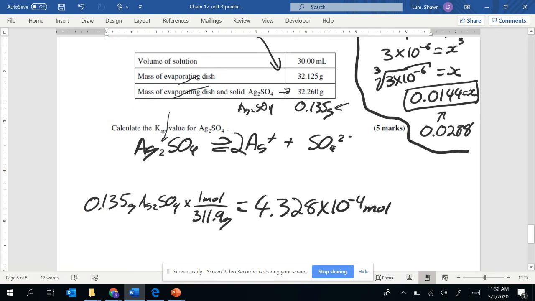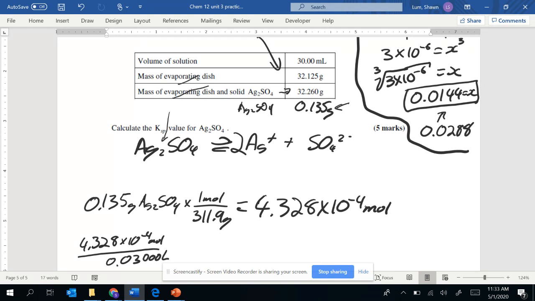Now to find my molarity, I'm going to take 4.328 times 10 to the negative 4 moles and divide by my number of liters, 0.03000 liters.